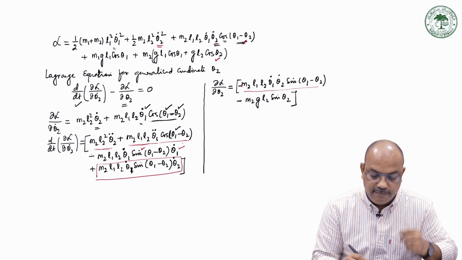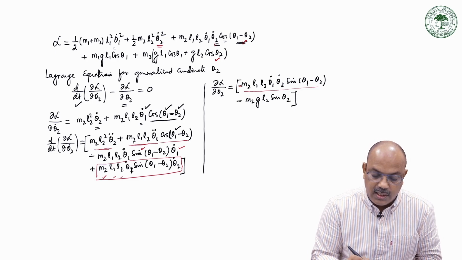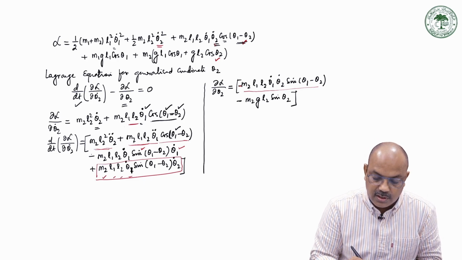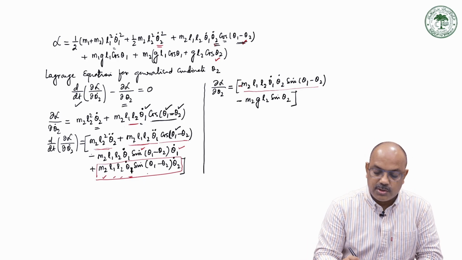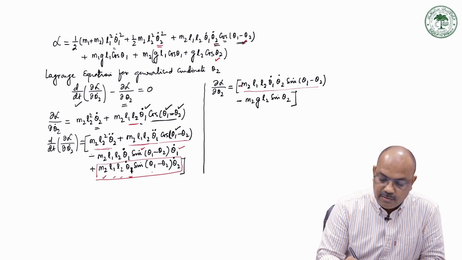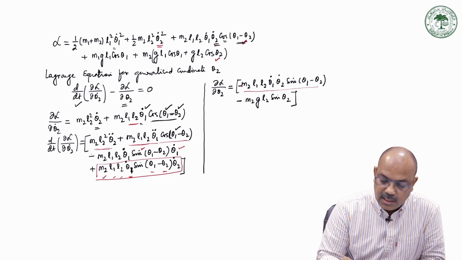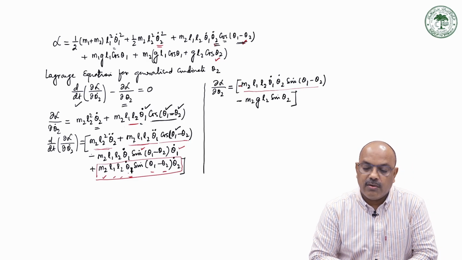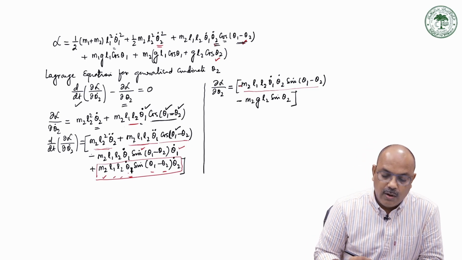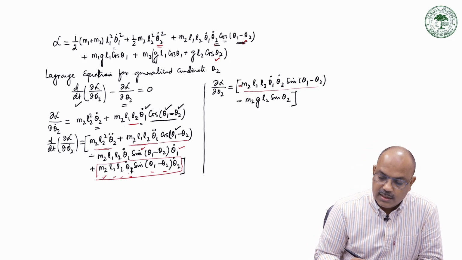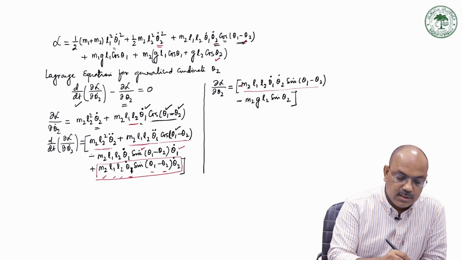And then I have m2 L1 L2 here, and theta 1 dot is here, and cos becomes minus sine theta 1 theta 2, and then this becomes positive. Okay, now this must be cancelled out.